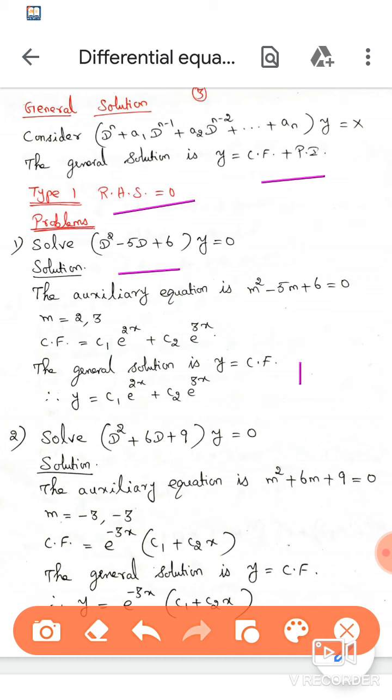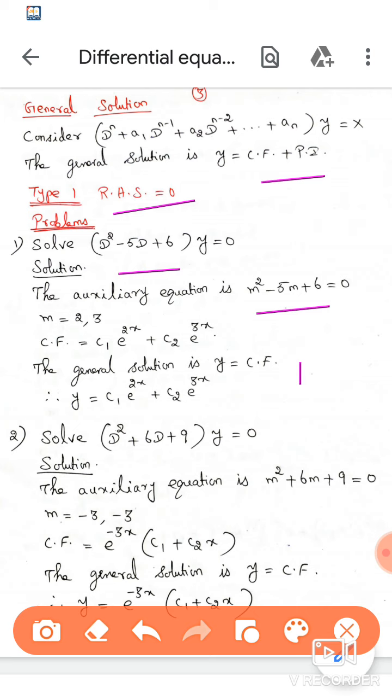So the auxiliary equation is m square minus 5m plus 6 is equal to 0. Next, you have to find the roots of this auxiliary equation.